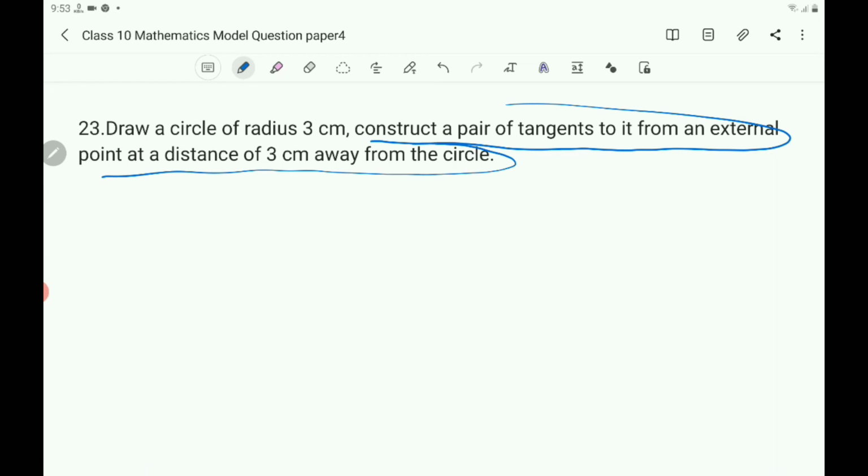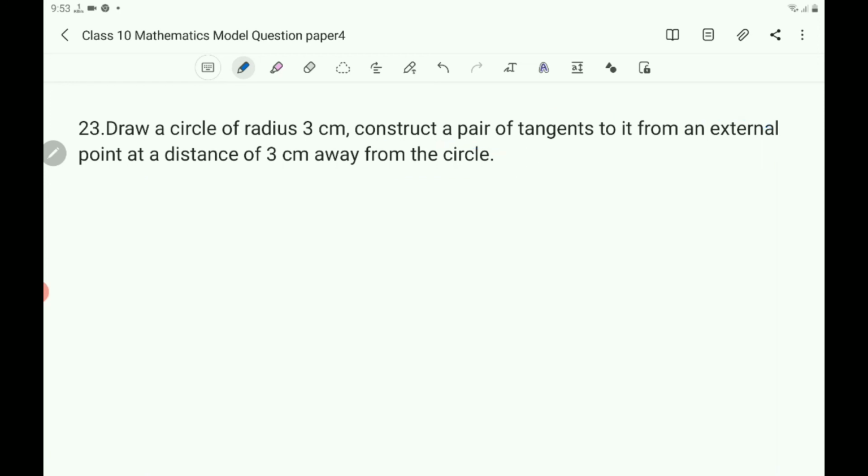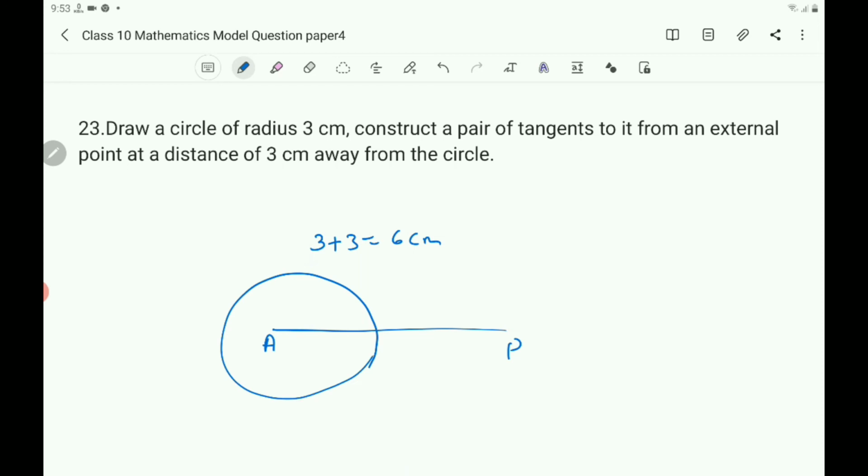Away from the circle means here you must draw a line of 3 plus 3 equals 6 cm, and you name it A and P, and with this point as center draw the circle of radius 3 cm. Draw the perpendicular to this line AP, and you will get the perpendicular bisector.